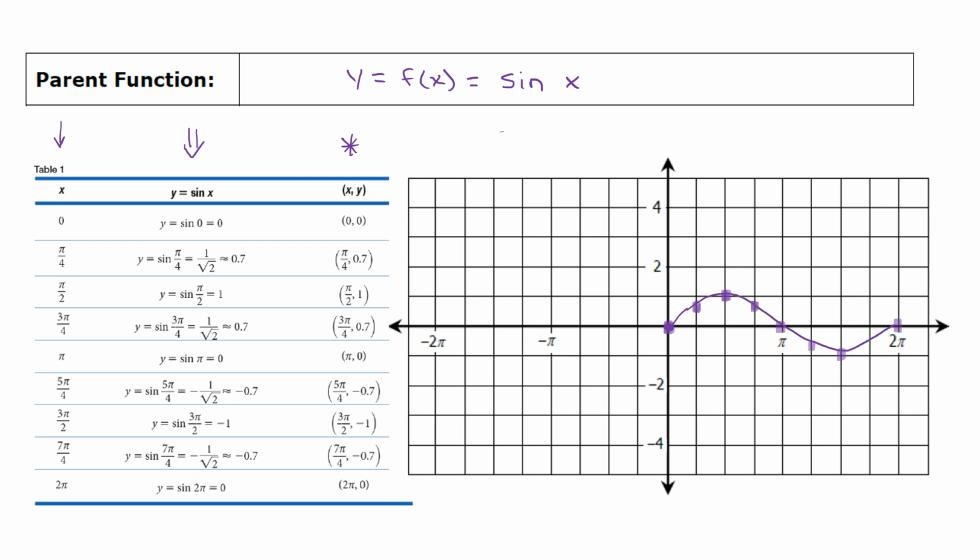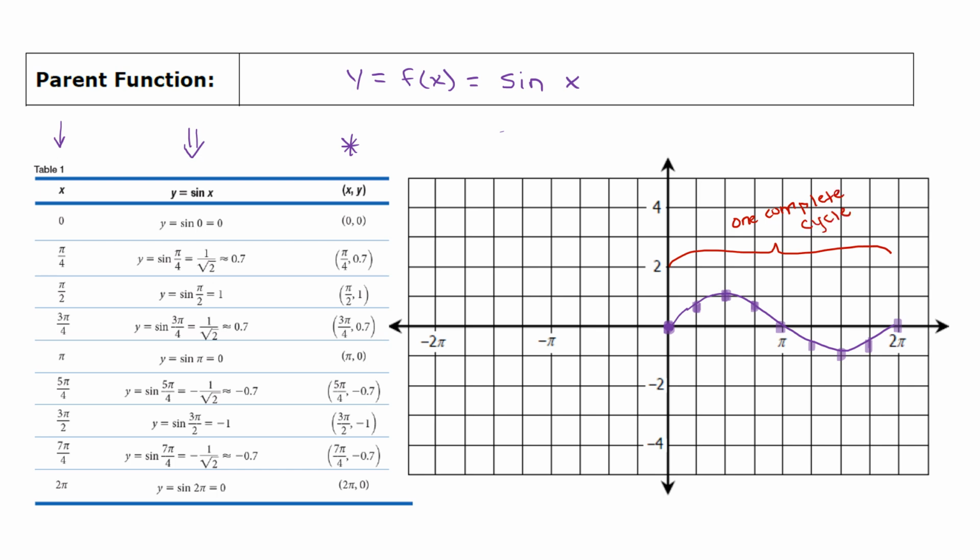Oh, my 2 pi point disappeared. Let's replot that. There we go. Okay. All right. So here you can see that we have one complete cycle. We started at 0, went through the x-axis, and then came back to 0. So this is one complete cycle.